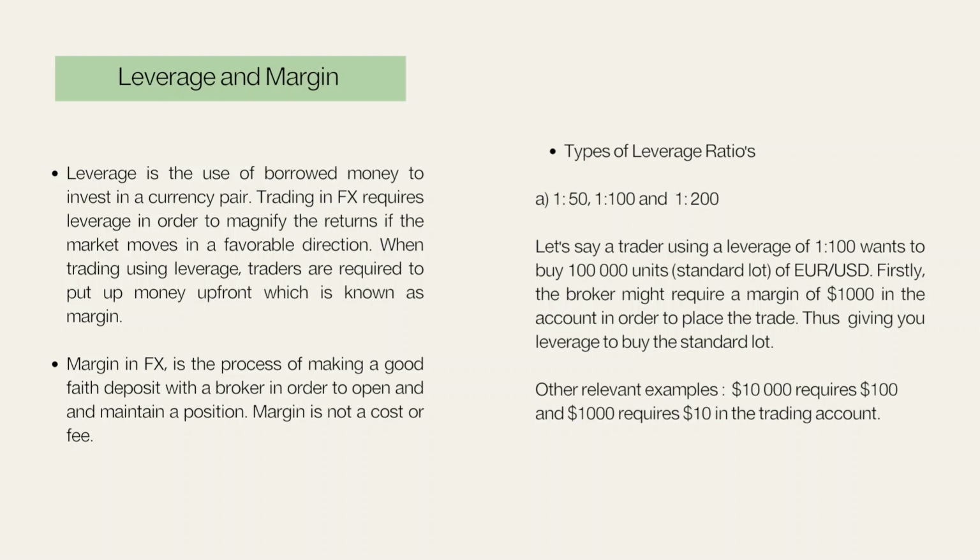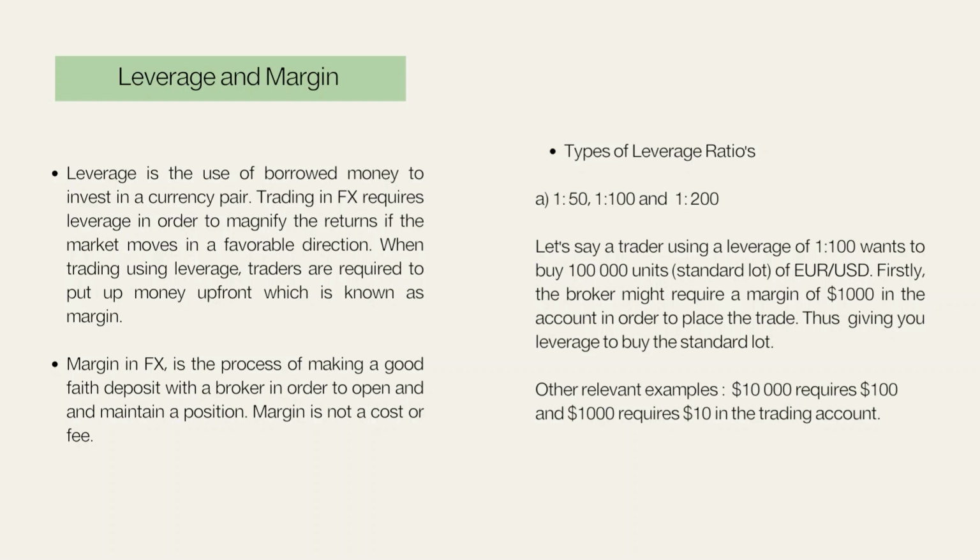The broker might require you to hold $1,000 in the account as margin, given your leverage ratio is at 1 is to 100. So 1,000 times 100, that's 100,000. So that's how you'll be able to use the leverage to buy 100,000 worth of euros.